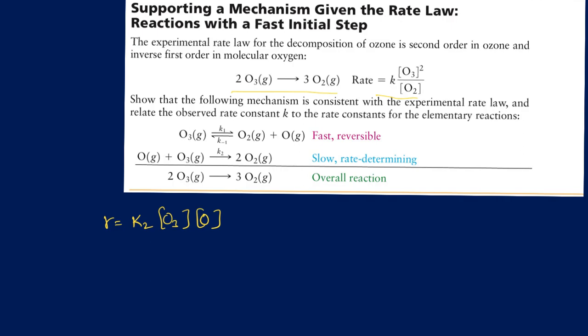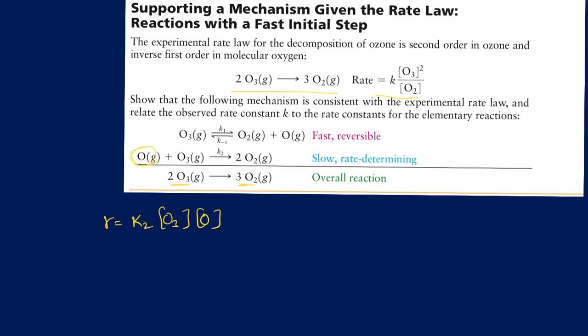Now in this one, O3 is a reactant, O2 is a product. So O is not there in the overall reaction, meaning this O is the intermediate. The intermediate should not appear in this rate law. So this can be removed by using the first equation.